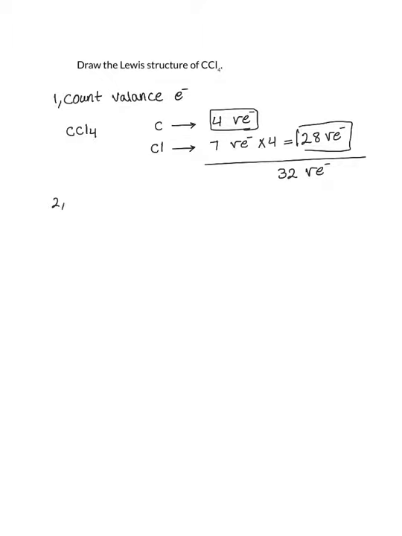Step 2 is determining the central atom. The central atom is the one that all of the other atoms will be bonded to, and usually it's the least electronegative atom in the molecule.